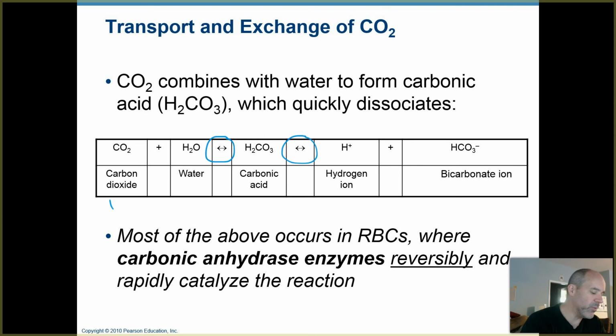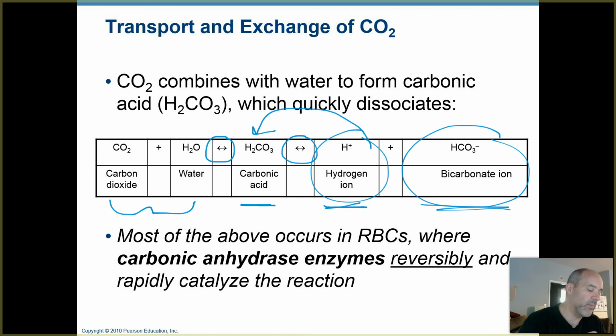So CO2 plus water can bond to form carbonic acid, which will break apart into a hydrogen ion and bicarbonate. And then the reverse can also happen. This plus this can be bonded together to form carbonic acid, and carbonic acid can break apart into CO2 and water. So these types of reactions can go in both directions. They are reversible.